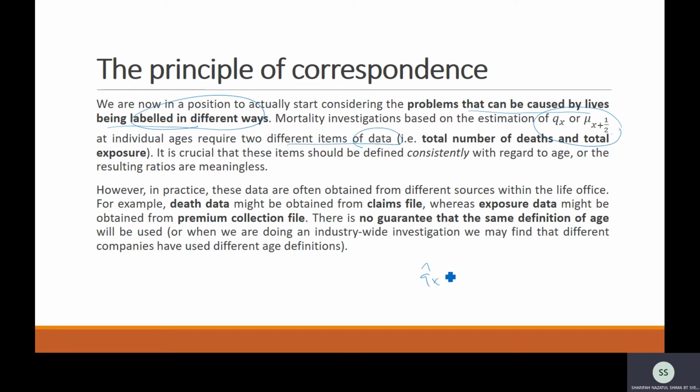When you want to estimate qx, you need to know the number of deaths in the observation, divided by the total exposure.